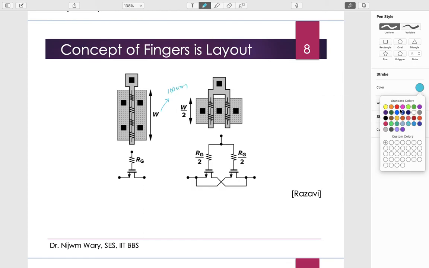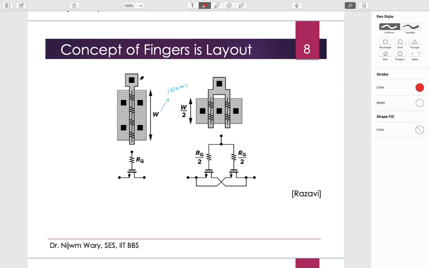Then the polysilicon used to make the gate of the MOSFET is not a perfect conductor. Although it is a good conductor, it has some resistivity, so there will be a parasitic resistance along this gate.